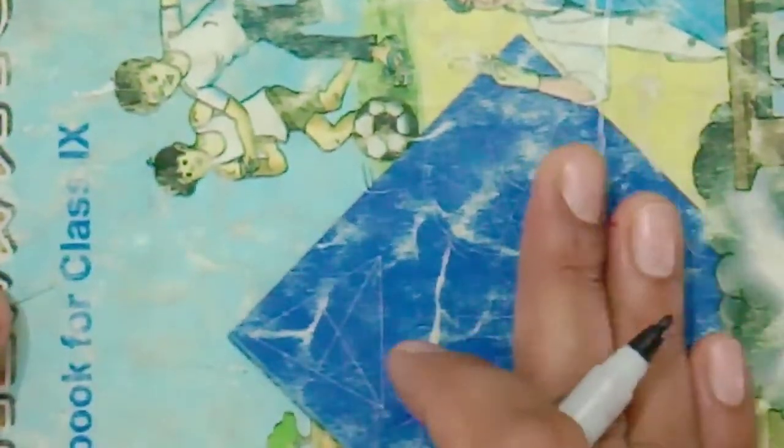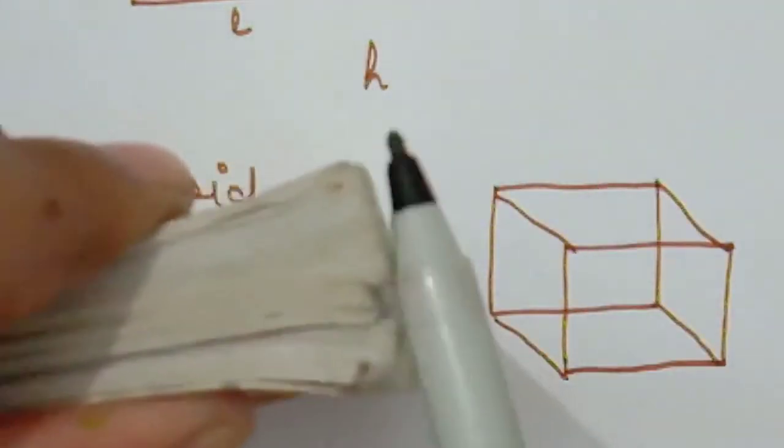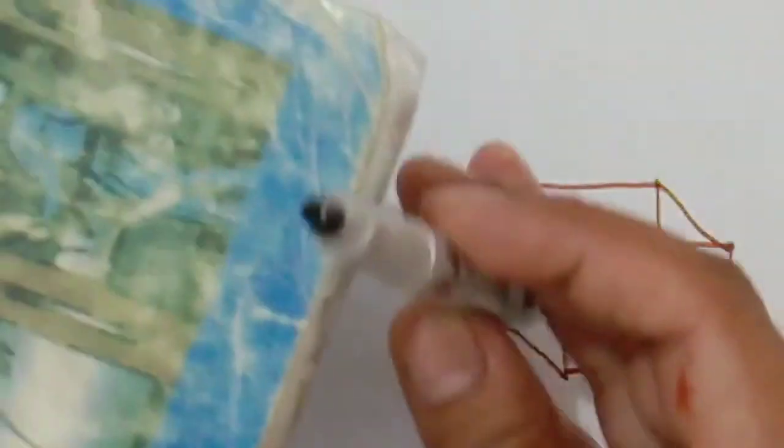If we take this NCERT book, this is an example of a cuboid, because you know very well, this is a solid book and it has some height also. In this book we take a length, then a breadth, and then some height.